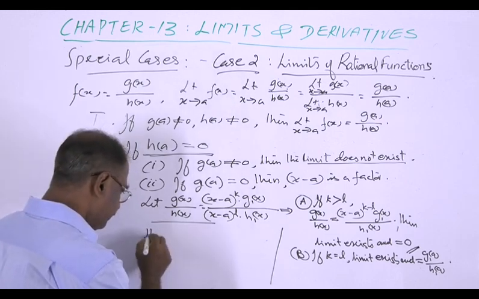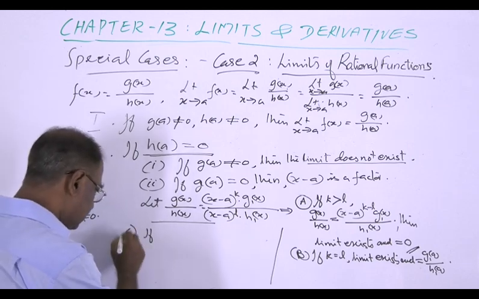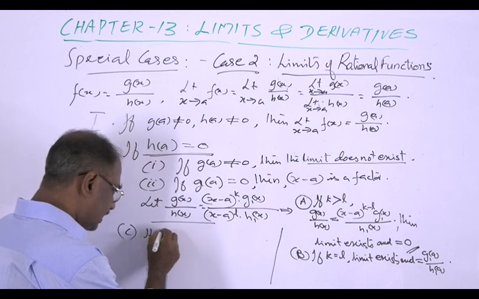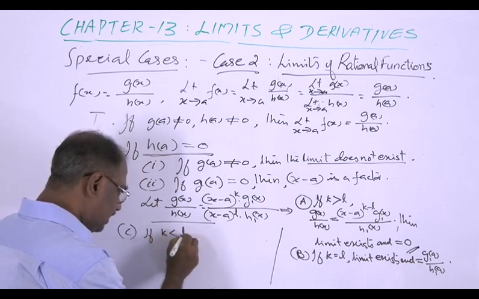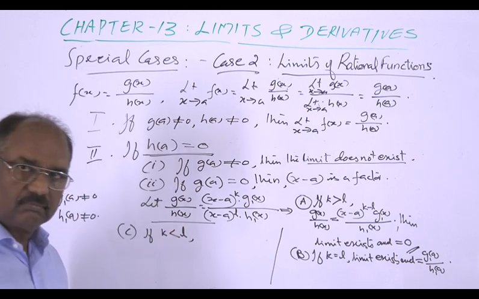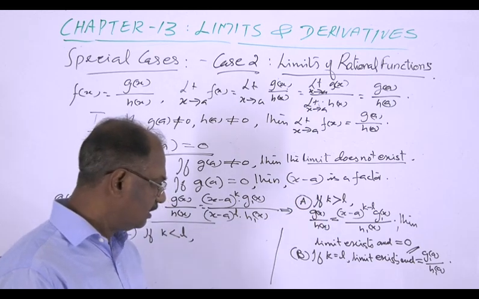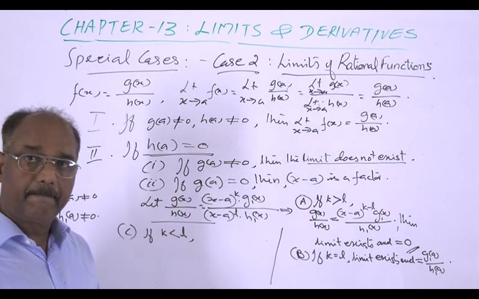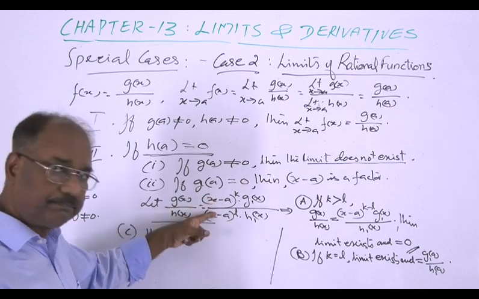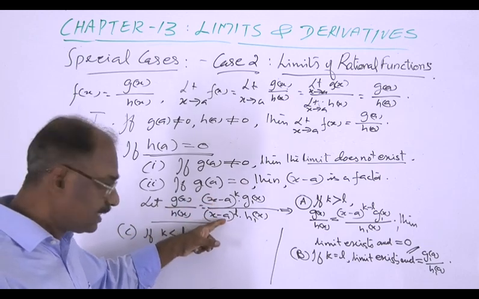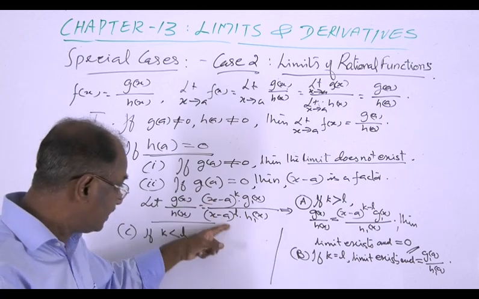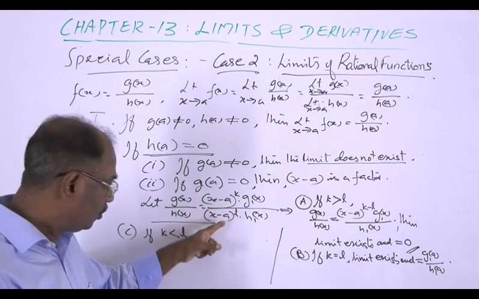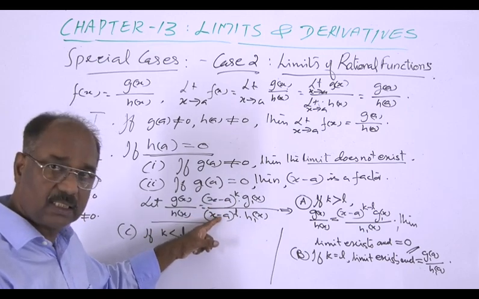Third one, C. If k less than l, then in this fraction some x minus a remains in the denominator after cancelling the common factor. l is greater than k, so some x minus a comes in the denominator.